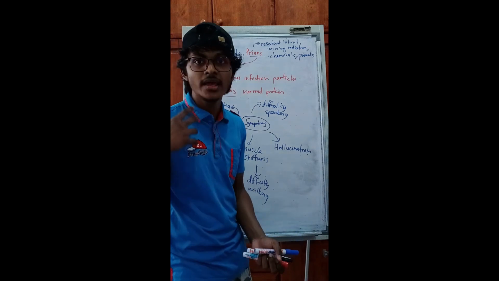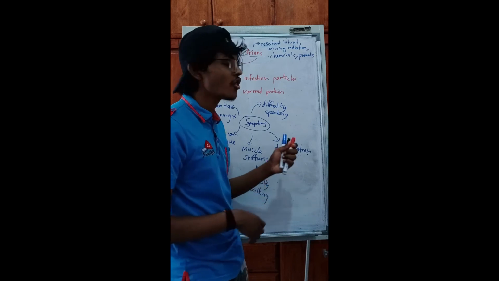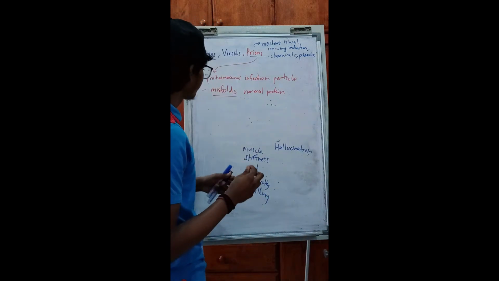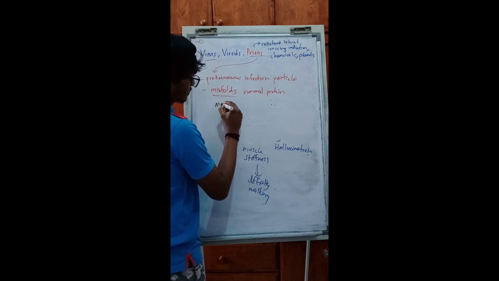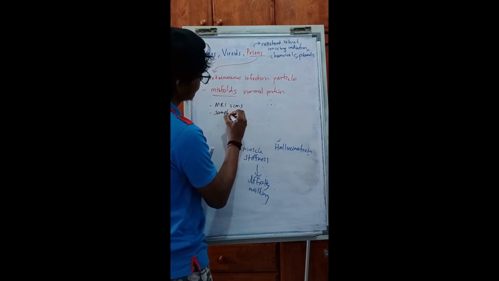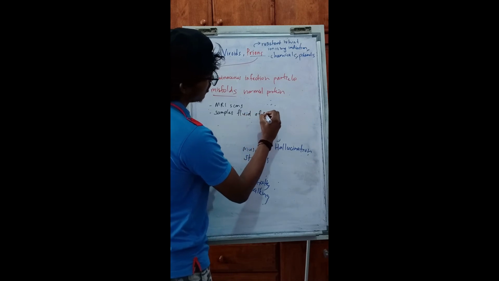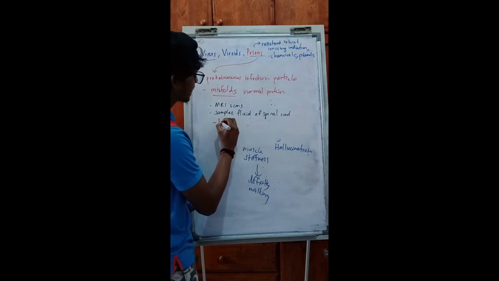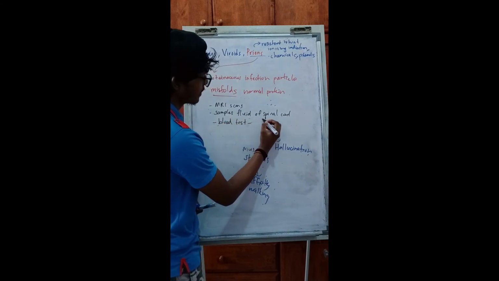How they identify that these diseases are caused by prions is by MRI scans, samples taken from the fluid of the spinal cord, and blood tests to see the presence of prions.